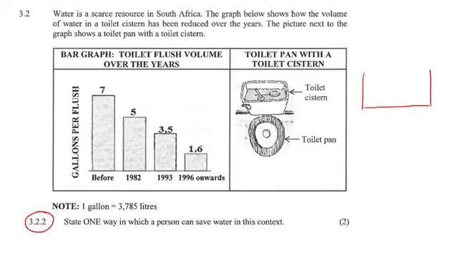Now that cistern has a certain level of water, and that level of water is very accurate. It's got something inside that can measure the level of water and make sure that it's perfect. Now, when you flush the toilet, that water goes all the way down, okay? Like it empties out completely.